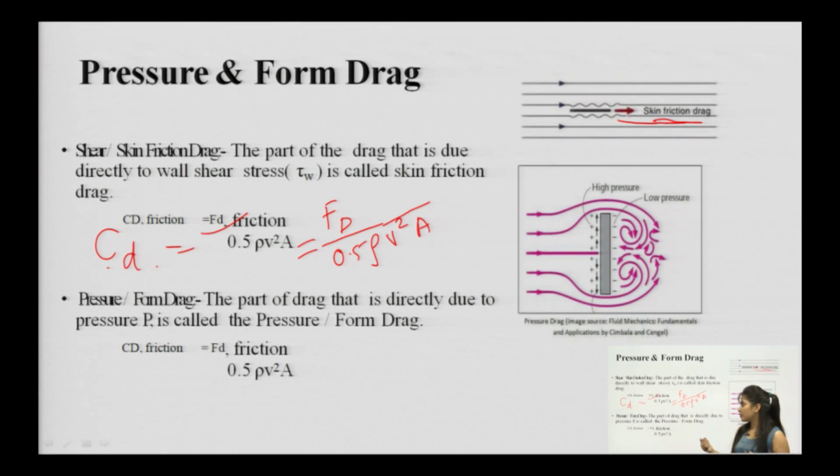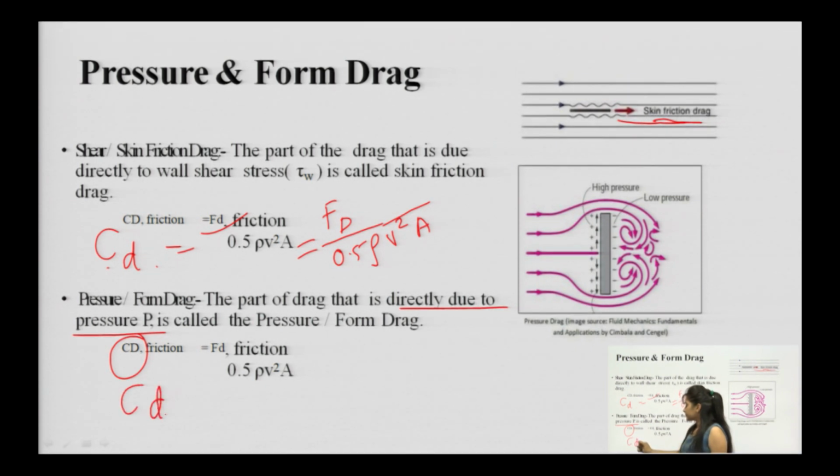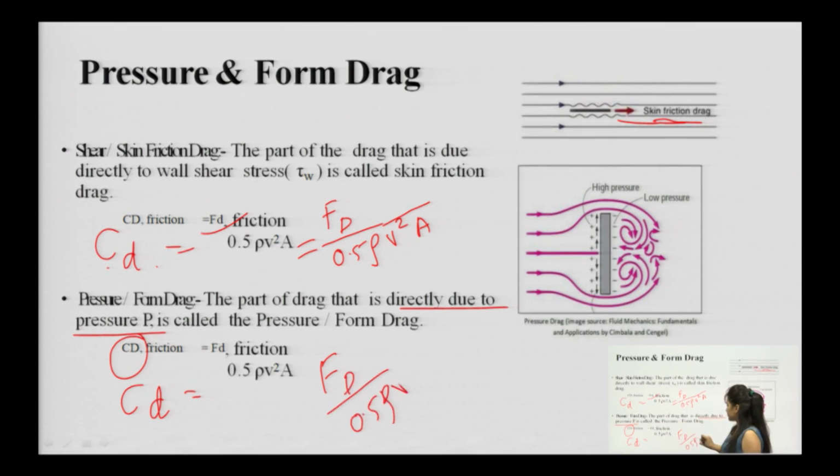Coming to the pressure or form drag, the part of the drag that is directly due to pressure in the flow is termed as form drag or pressure drag, and it can also be calculated with the same formula but a different value, that is CD, the coefficient of drag, is equivalent to the force due to drag divided by 0.5 rho V squared into A. This is how you can calculate pressure and form drag.